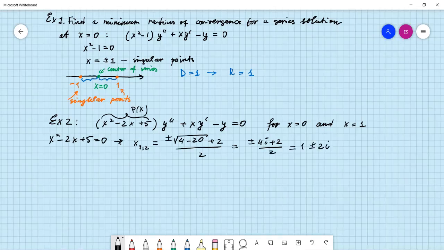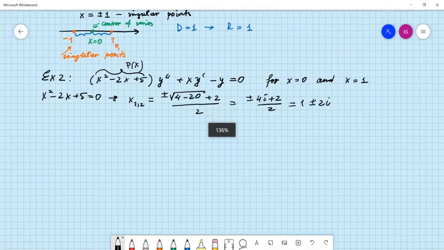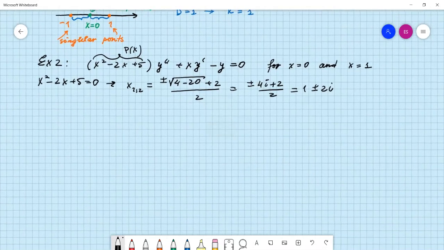Two complex solutions. How should I deal with distance if I have complex solutions? Well, watch how I do this, and you can do it the same way. You draw a number plane, that's going to have a real axis and an imaginary axis, and you graph these two singularities on this number plane.